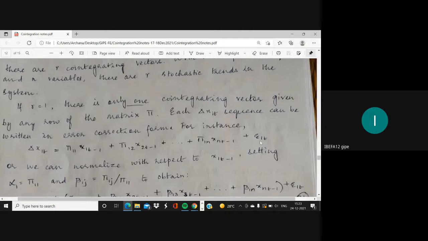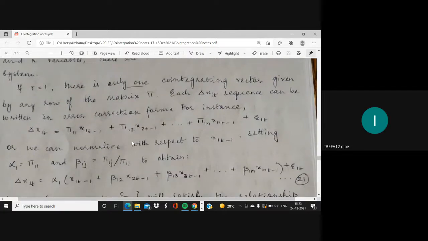So your first equation will have the form given on the right hand side. This will represent the first row of your pi matrix: pi 1 1, pi 1 2 to pi 1 n. So this is giving us the first row of this VAR model.